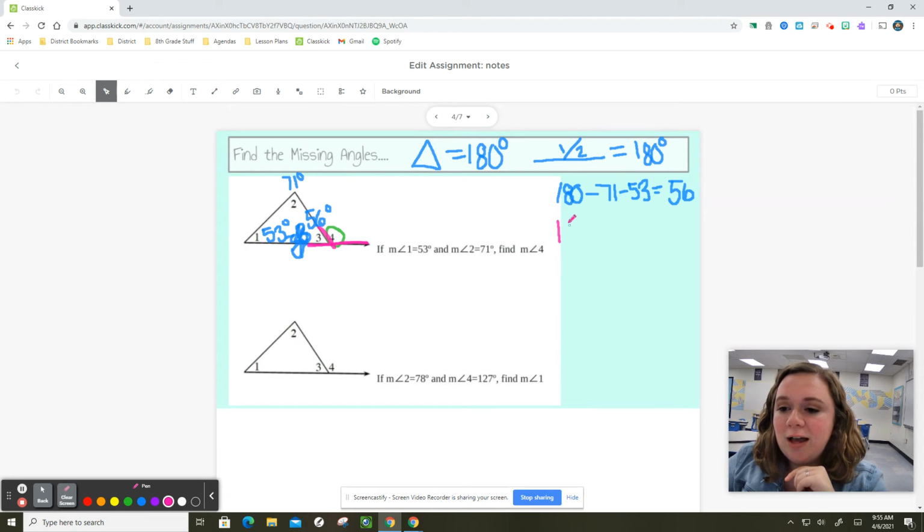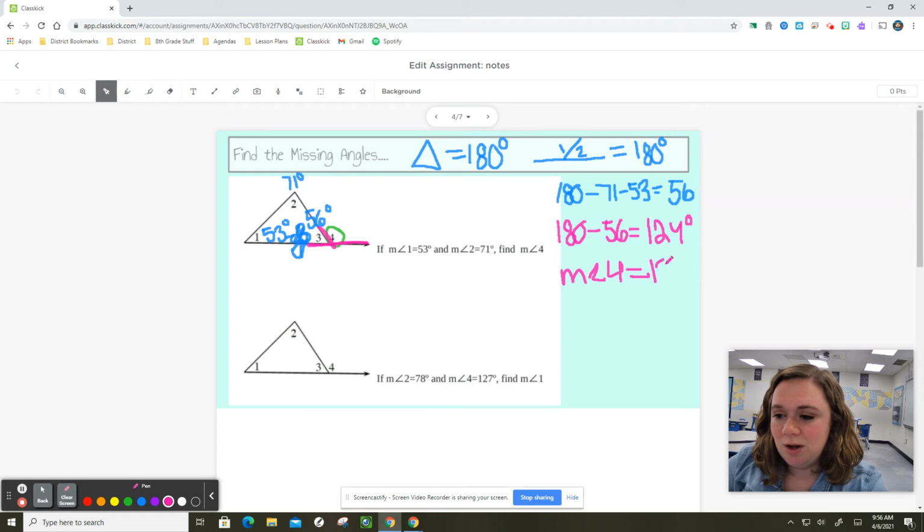So I know for a fact that 180 minus 56 is what my fourth angle is. 180 minus 56 is 124 degrees. So the measure of angle 4 is equal to 124 degrees. Boom, I just did it.